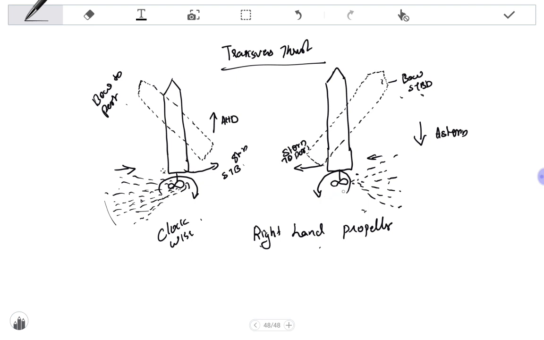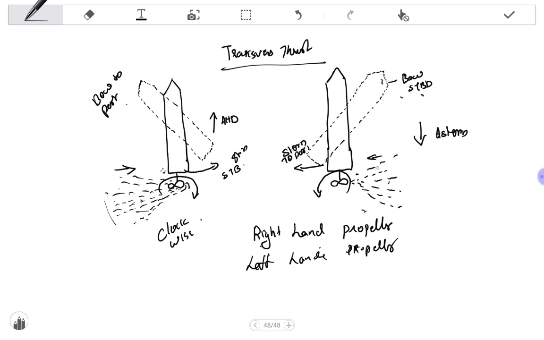I am trying to explain both situations, right-handed and left-handed, in the same diagram.